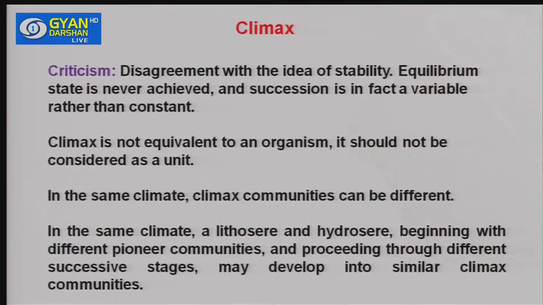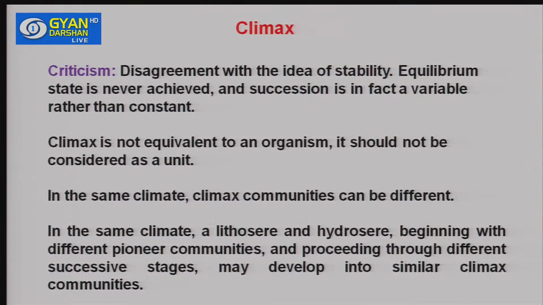As I told you, Clements has given this idea, and there are criticisms against this monoclimax theory, because the main criticism is that a climate cannot be stable. We cannot imagine a climatic condition to be stable because it keeps on fluctuating. The climatic condition you have today and the climatic condition you have maybe after a few years might change.